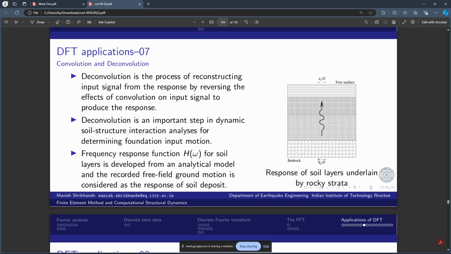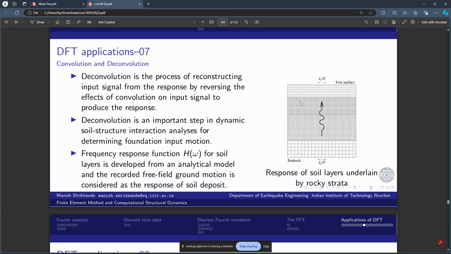The transformation of the signal from the bedrock to the free surface is known as convolution, and when you reverse that signal to obtain the signal at the bedrock, that process is known as deconvolution.